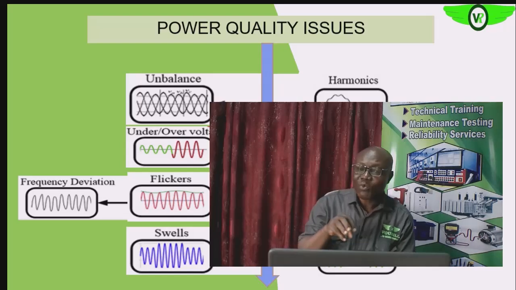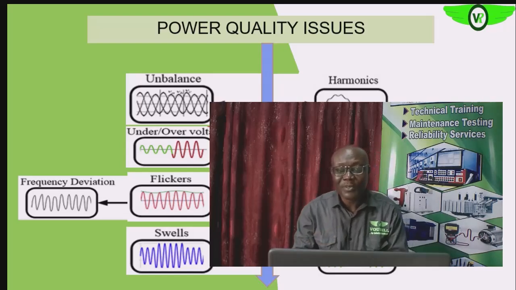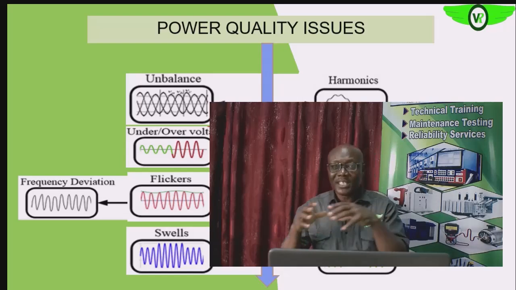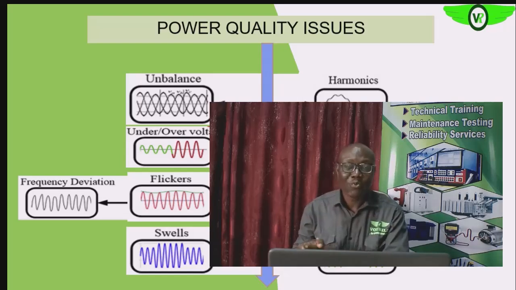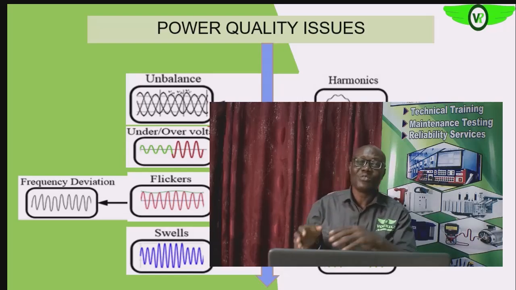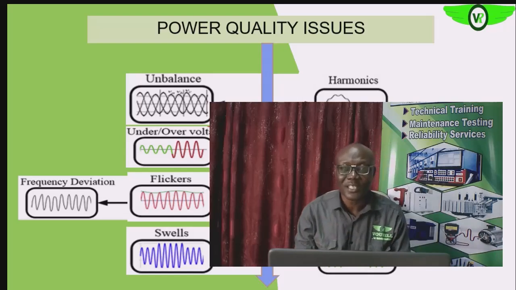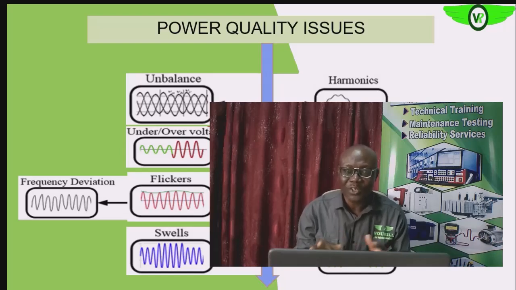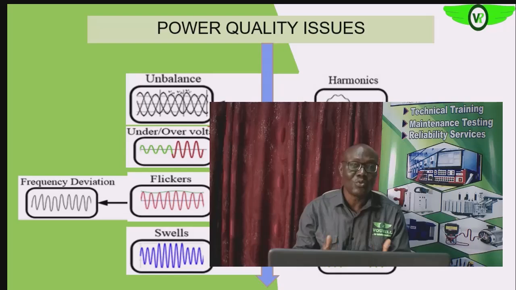If this driven equipment is a pump, at times it will deliver more than what is expected, and at times less than what is expected. If it is a compressor, the same thing too. Such variation is not good for our process, especially for sensitive processes.